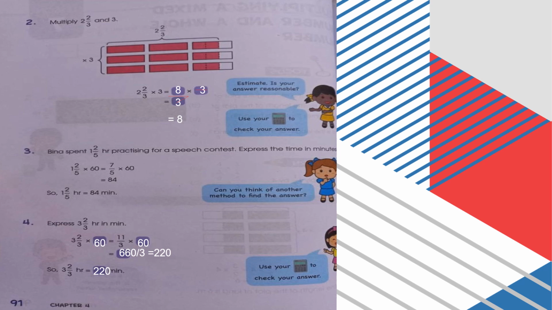Here we can solve it in both ways. Either we first reduce 3 and 60 by dividing them with each other, or we can first multiply 11 by 60 and then divide it by 3. In both situations we have the same answer, which is 220. So 3 2/3 hours is equal to 220 minutes.